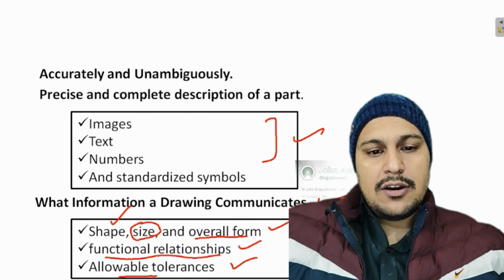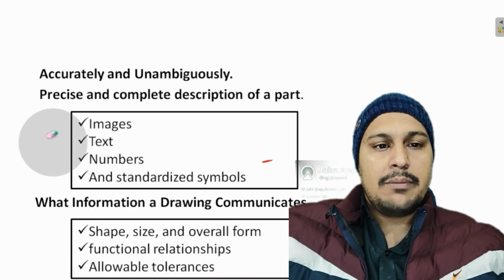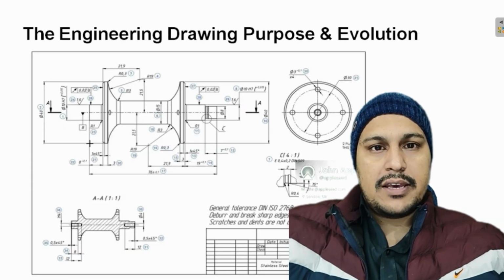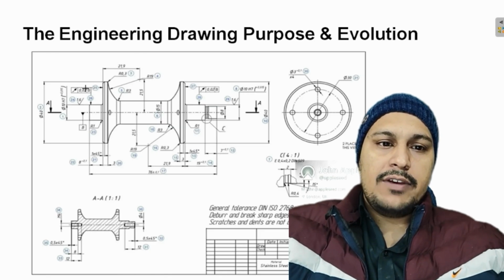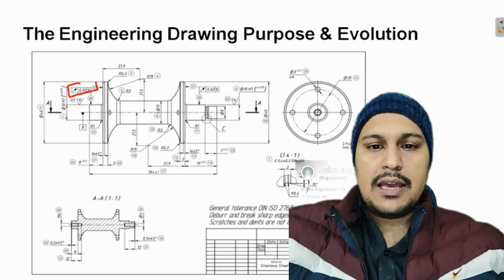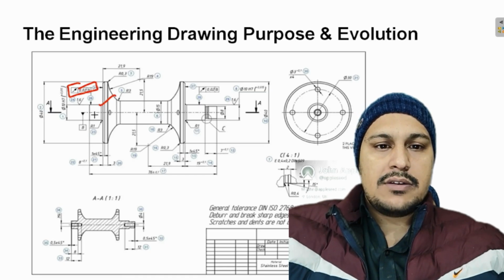There is also a functional relationship that a drawing communicates, and the allowable tolerance. Let me show you. The first is the functional relationship between features. We have this runout specified on this surface, and here datum B is given.